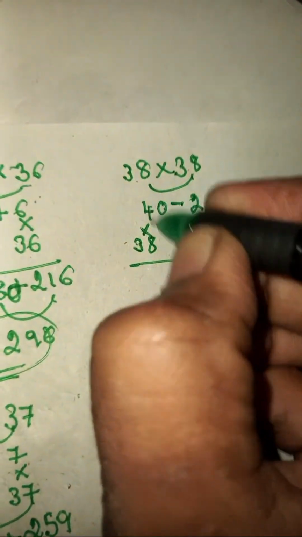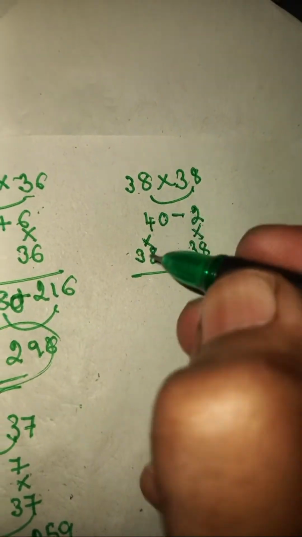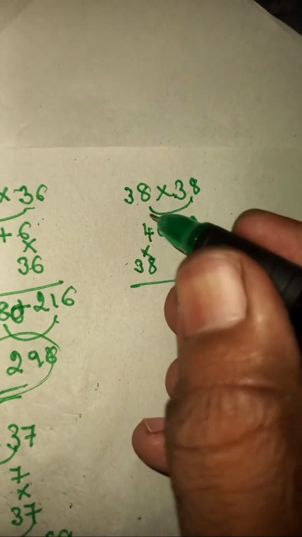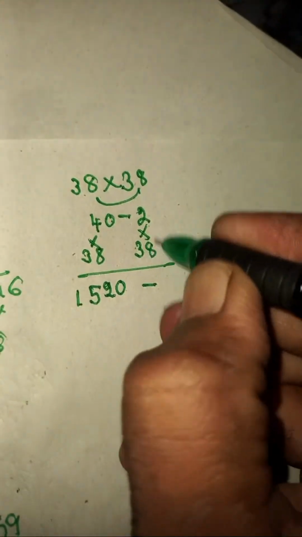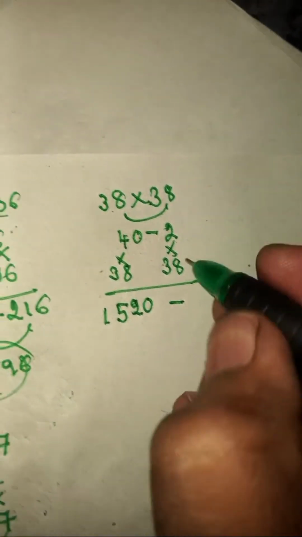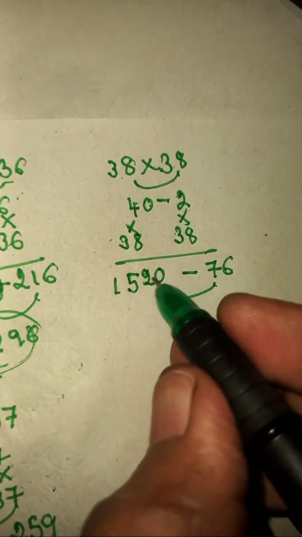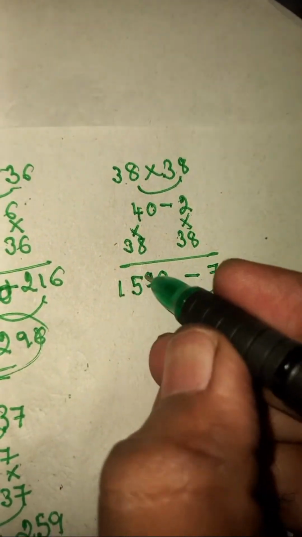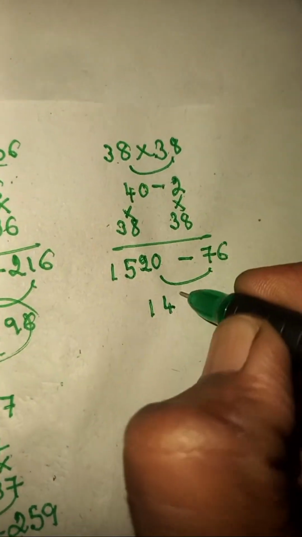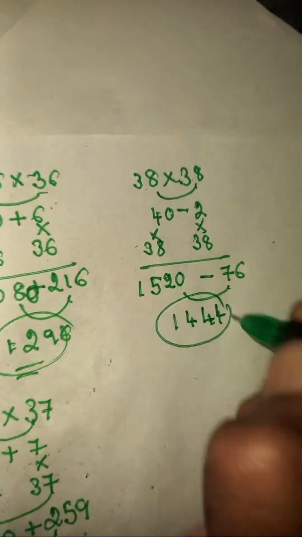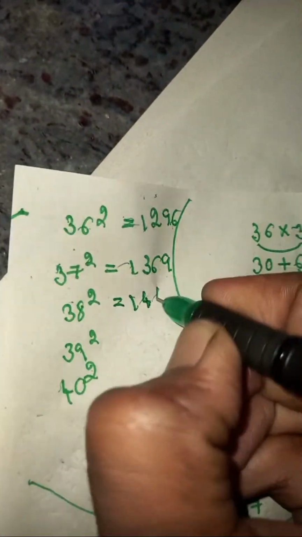Now you're going to get 4 times 4 is 16, so 1520 minus 76. 40 times 2 is 80, 80 minus 4 is 76. Here you can subtract, you're going to get 1444. That's equal to 38 square, 1444.